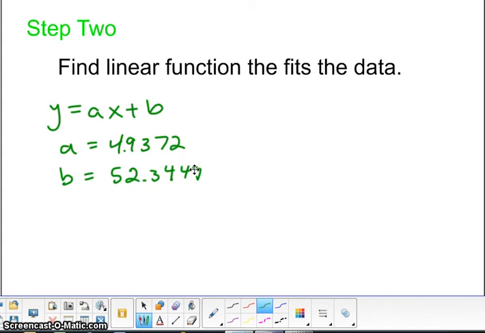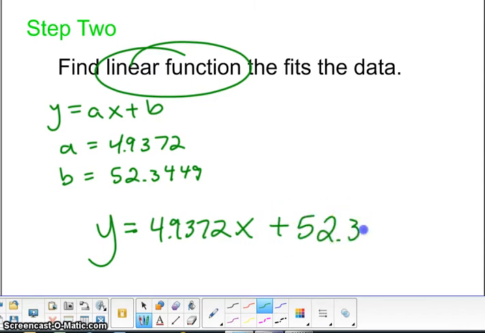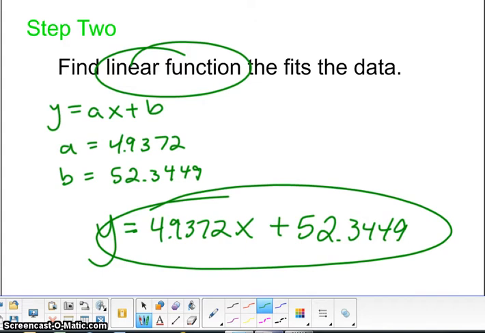Okay, so when you are finding the linear function, you should write it y equals 4.9372x plus 52.3449. Now we're going to use that in our predictions.